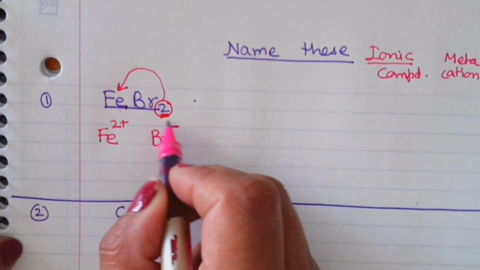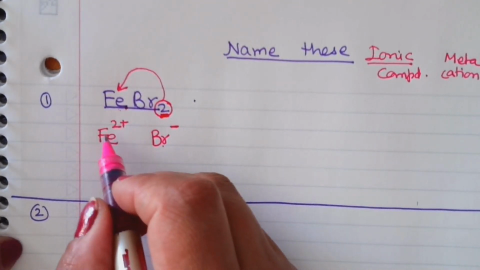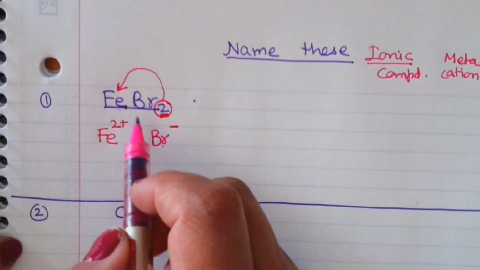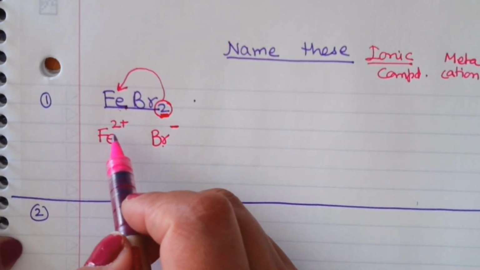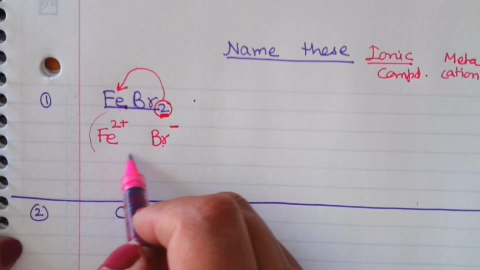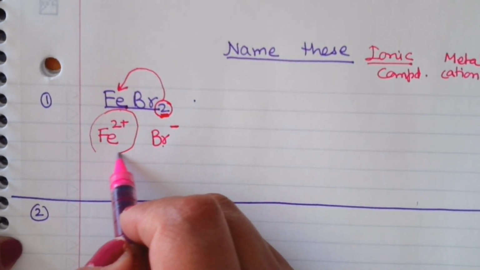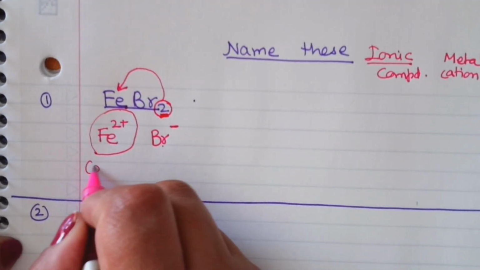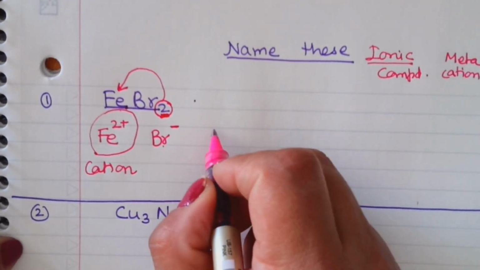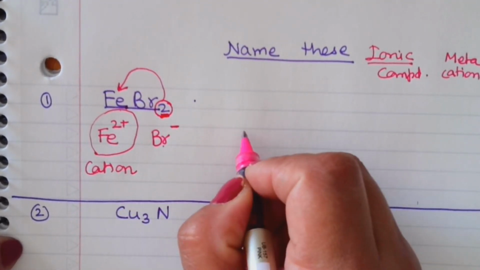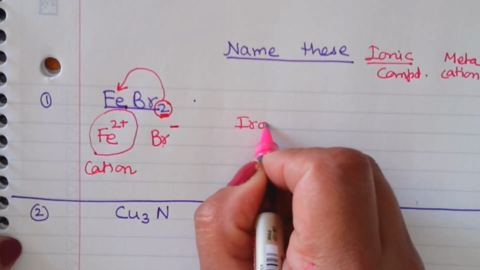I can also tell that from the periodic table. So these are the ions from which this ionic compound was made, right? So once I know the charge on the metal cation, I can always name it, right? So name of this compound would be iron.